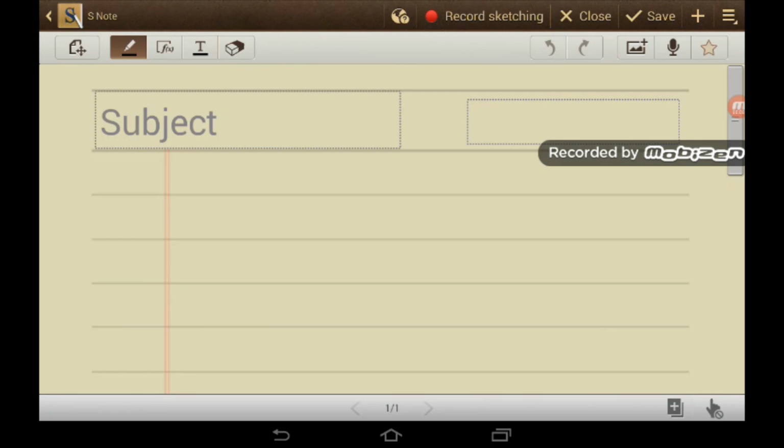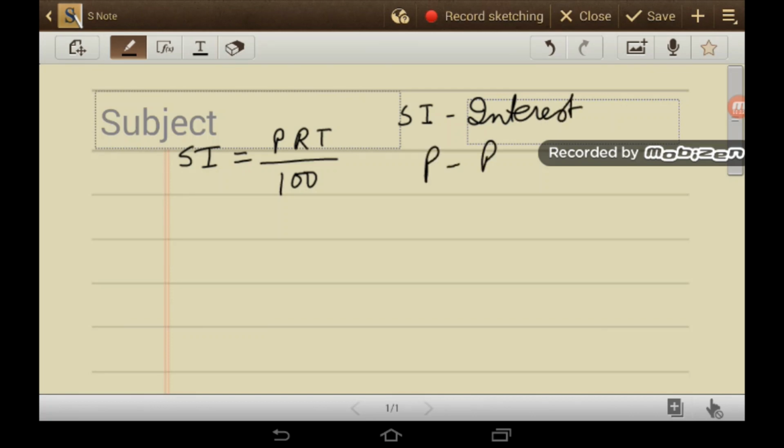So all of you have studied the simple rate of interest, SI is equal to PRT by 100. So we have four parameters. One is the interest, SI. One is the principal, P. Then R is the rate and T is the time.